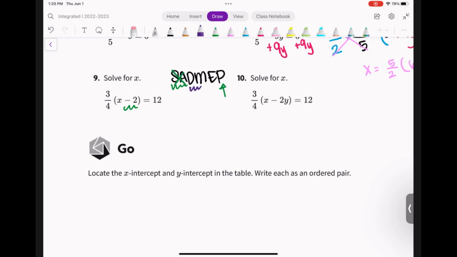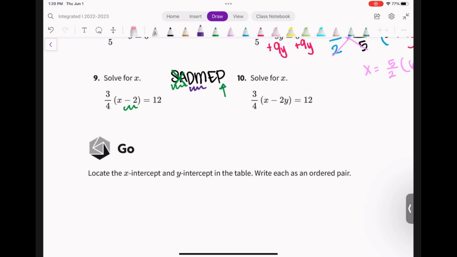Next, does anybody see any division or multiplication? Yes. Very good. Now, some of you see this as a fraction. Does everybody see it as a fraction? I actually see this as 3 times and divide by. I don't see it as 3/4 of. Does that make sense?